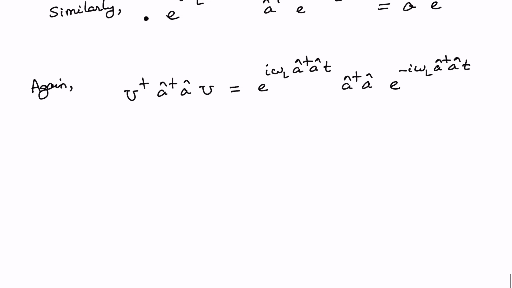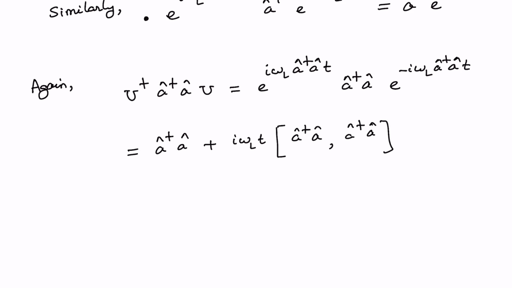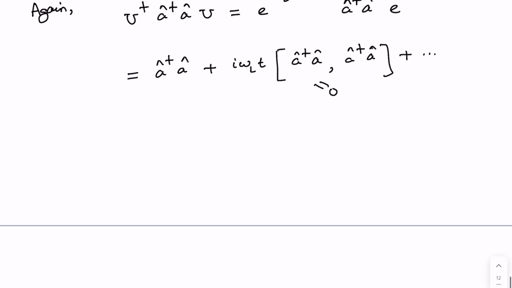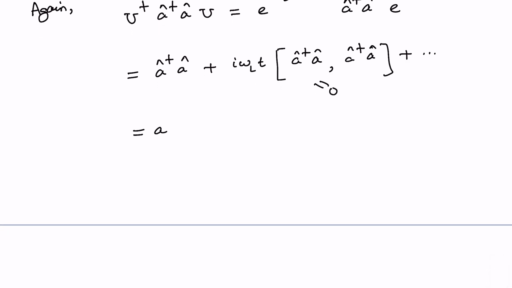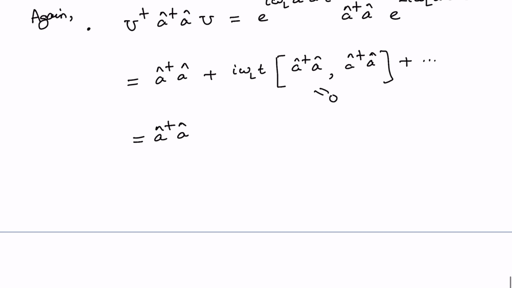This is going to give you a† a plus i omega_L t times the commutator between a† a and a† a. Okay, this is very trivial. This commutator is going to give you 0, and therefore all the higher order terms are also going to be 0. So you will be left with only a† a. This result you also have to use.